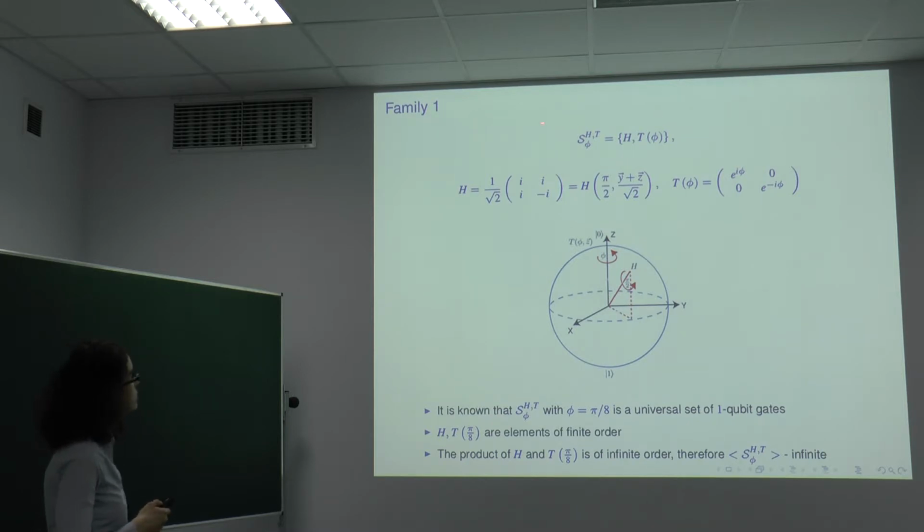Let us consider a family of sets, which is very important for the quantum information community. Each of these sets consists of a gate called the Hadamard gate, whose canonical form is given here, and the so-called T gate, which is a phase shift.